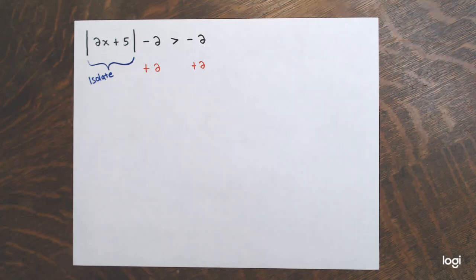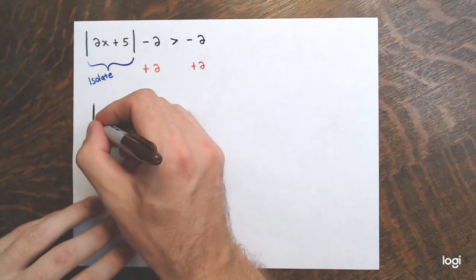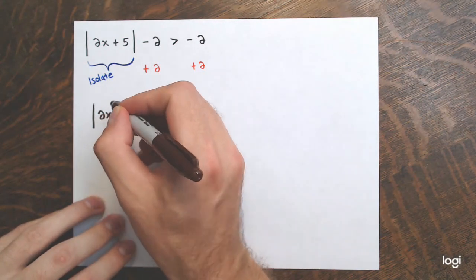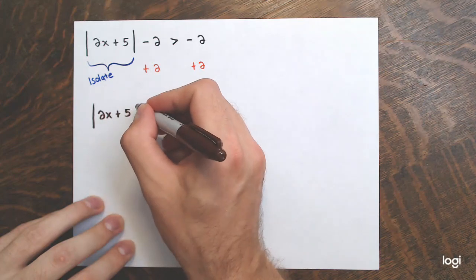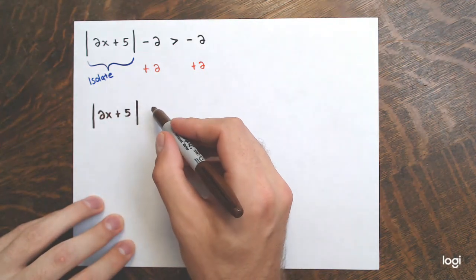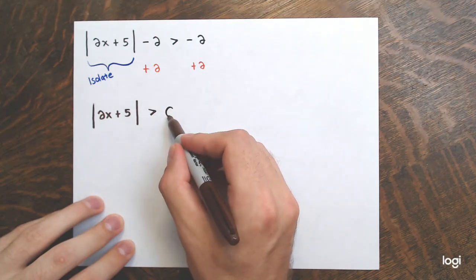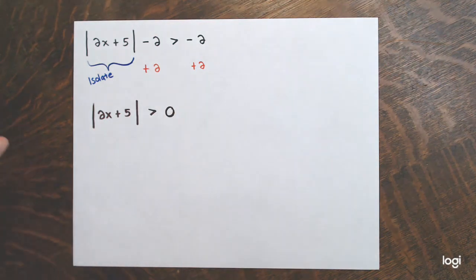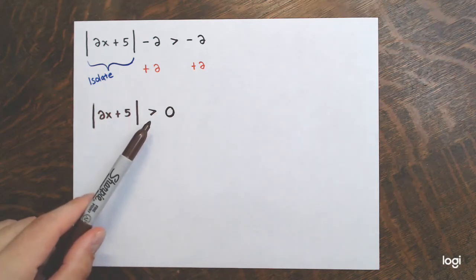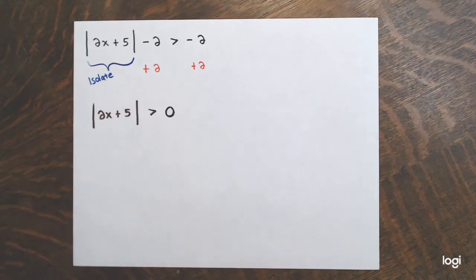All right, so the left side becomes the absolute value of 2x plus 5 is greater than, and then 0. It's greater than 0. All right, now think of what numbers have an absolute value greater than 0.